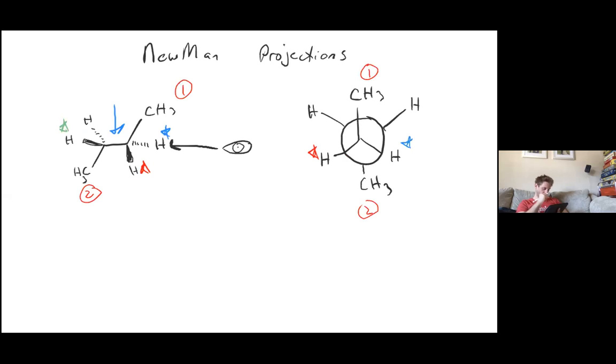So this one that is on a wedge here will be on the same side of your molecule as the other one that's on a wedge. So it should be here. And then let's see if I can get yellow to show up. It's not the greatest, but I need to work on my stars.